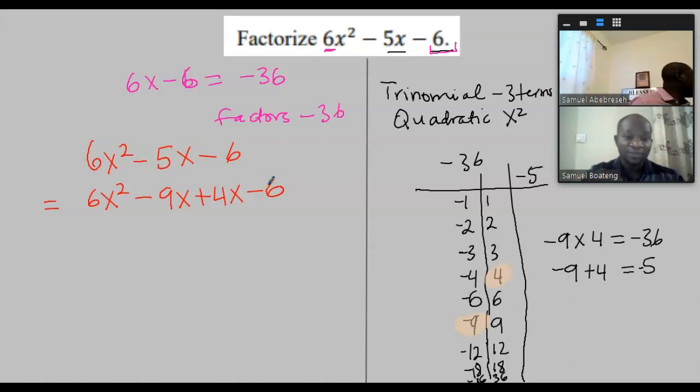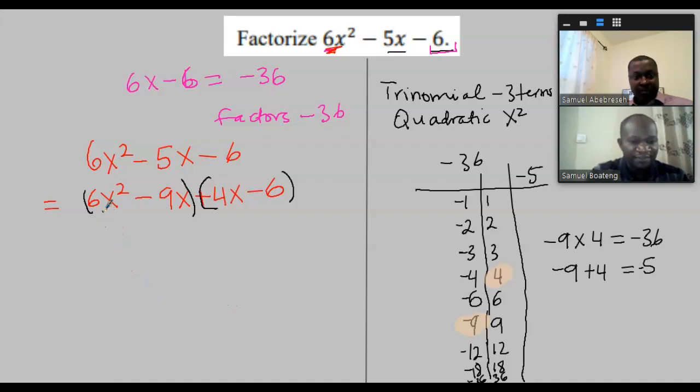So when you look at it, minus 9x plus 4x. The next thing is we need to group them. So we group 6x squared and minus 9x, and you put them in bracket. Yes, you put them in bracket. So let's come to the next stage. In the first bracket, you find the common factor.